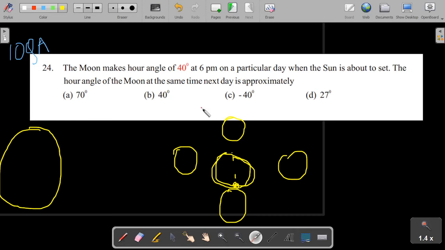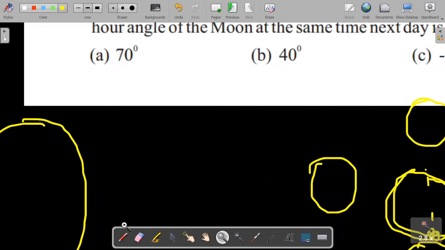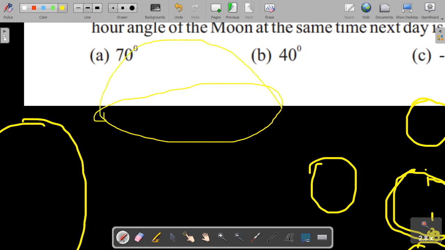I don't think I have discussed hour angles, which is quite weird, but let me just define them now. So basically, the hour angle from the horizontal coordinate system. So this is the observer. The hour angle is the angle between the meridian of the observer and the meridian of the object or the star.